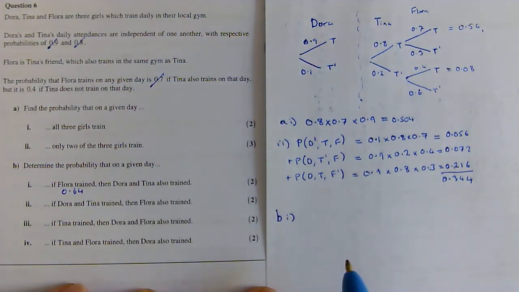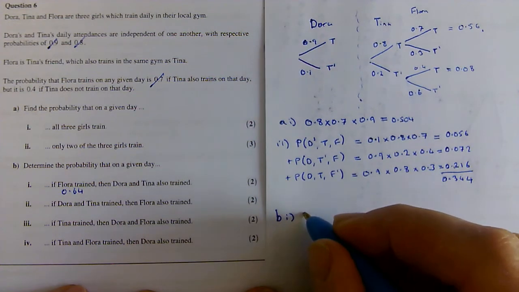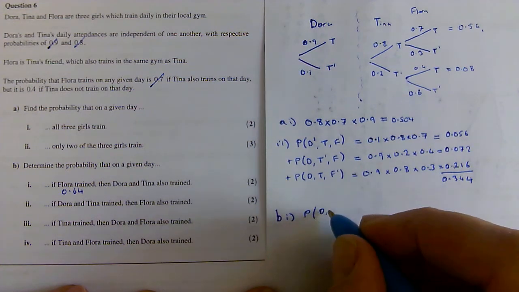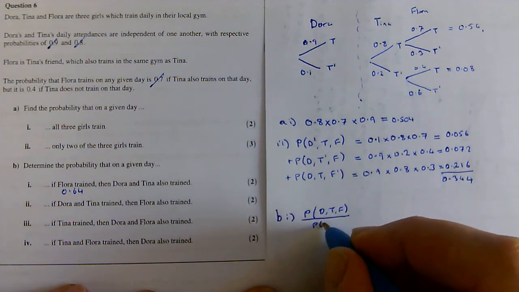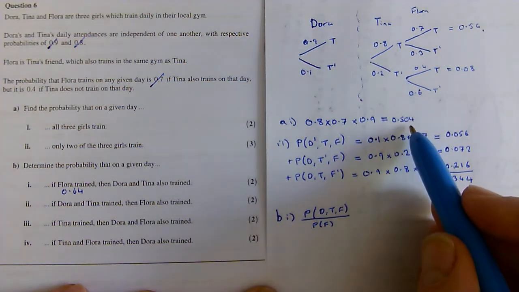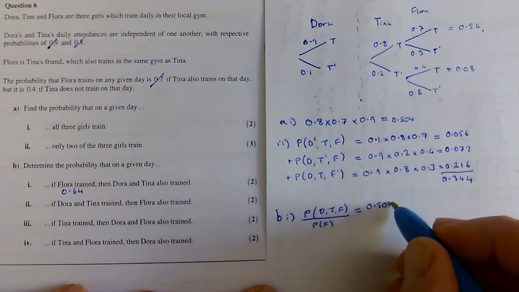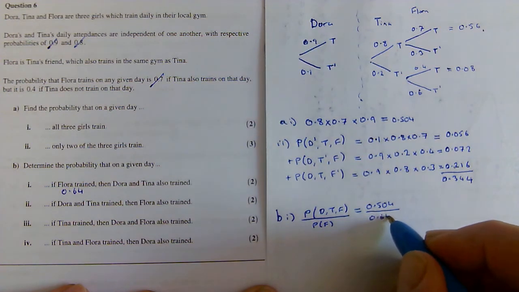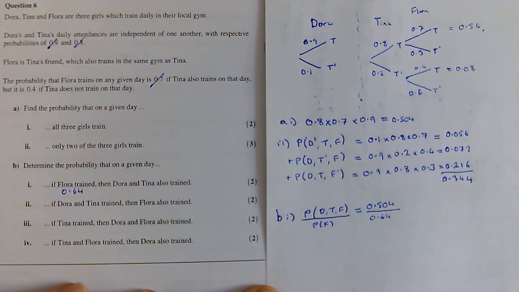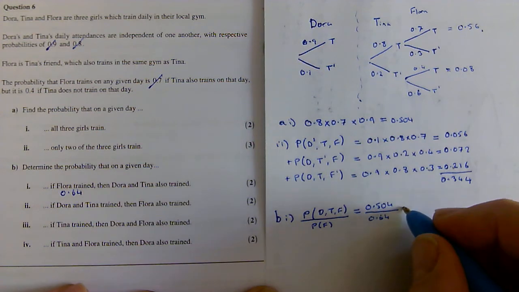So this is the probability that all 3 trained, D, T and F, divided by the probability that Flora trained. We already know the probability of them all training was 0.504, divided by the probability that Flora trained, which is 0.64. That gives me 0.7875, or 63 out of 80.